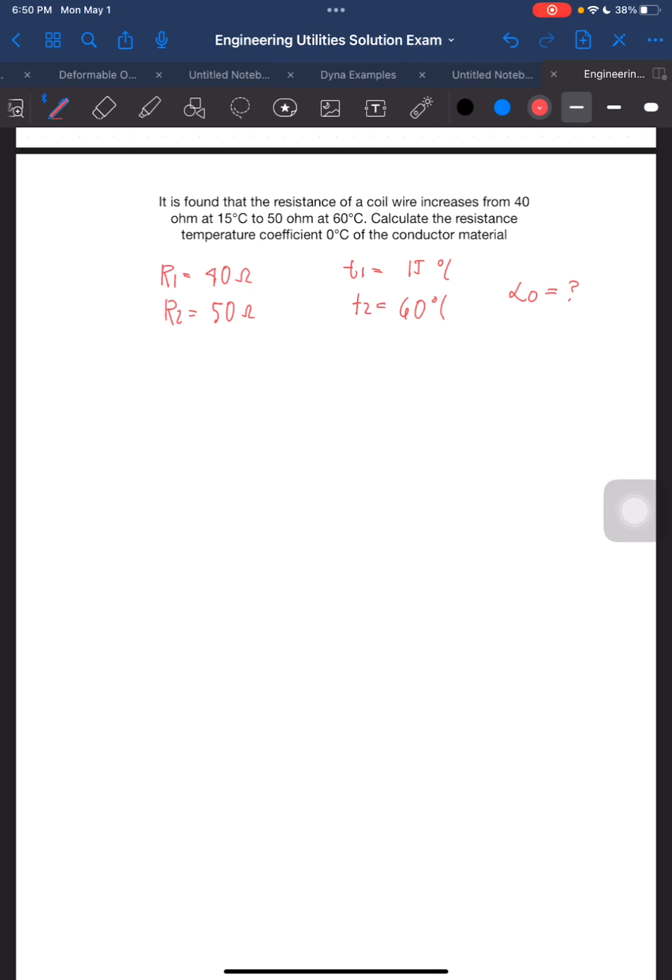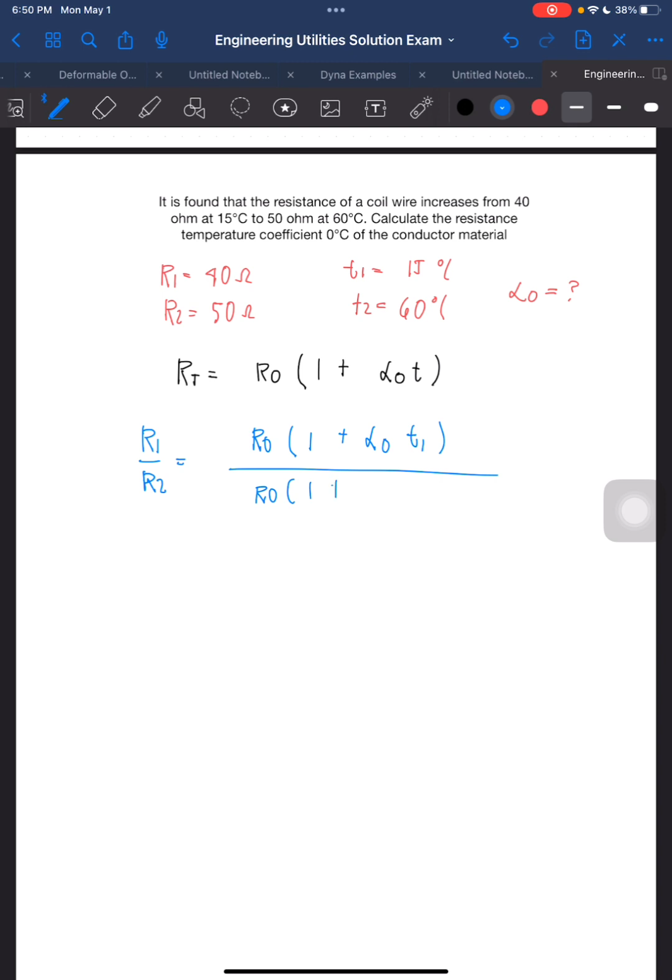First, we need to utilize the equation RT is equal to RO times 1 plus alpha O T. Yan. So, we can get the formula R1 over R2 is equal to RO times 1 plus alpha O T1 over RO times 1 plus alpha O T2. We can cancel out RO.